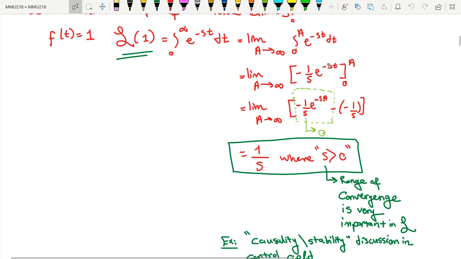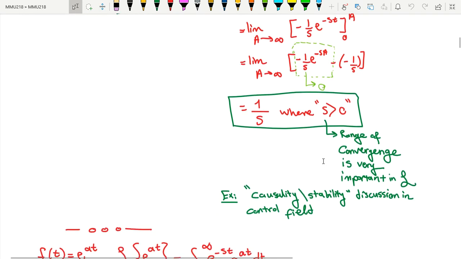If s is larger than 0, if and only if s is larger than 0, this converges to 1 over s. If not, it goes to infinity, it diverges. So for s, range of convergence means that s is larger than the value 0.